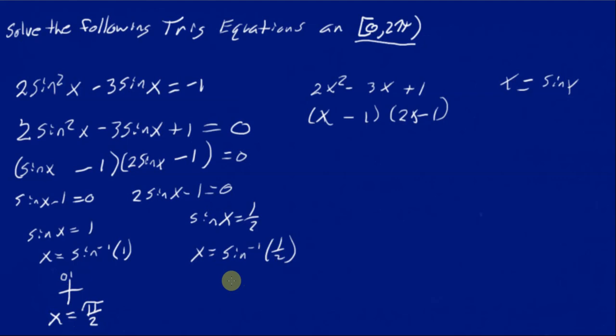The sine is positive in the first and second quadrants, but it's going to have a reference angle of pi over 6. I think the last one we did was a pi over 3. Pi over 6. So x is equal to pi over 6 and also 5 pi over 6. So this equation has 3 separate answers for its solution.